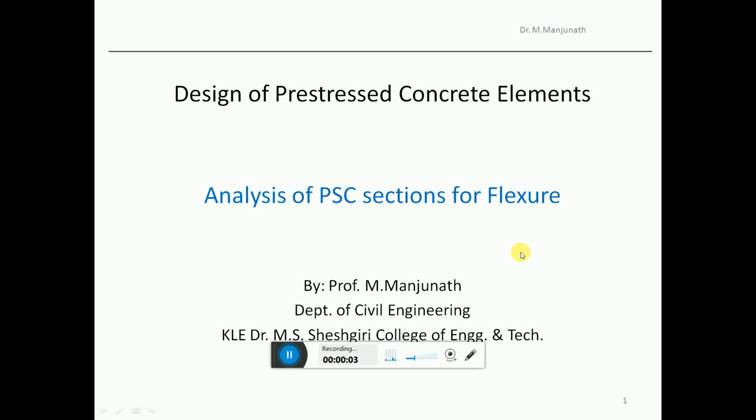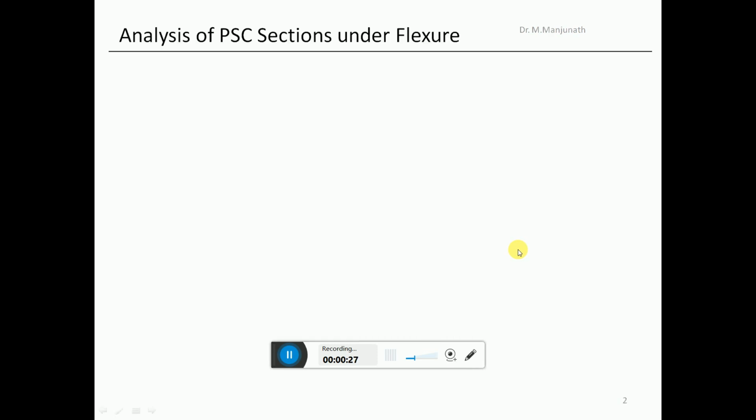Hello, everybody. So, after having studied the principle of pre-stressing, the methods of pre-stressing, and the necessity of pre-stressing, now we take up the next part, that is analysis of PSC sections for flexure.